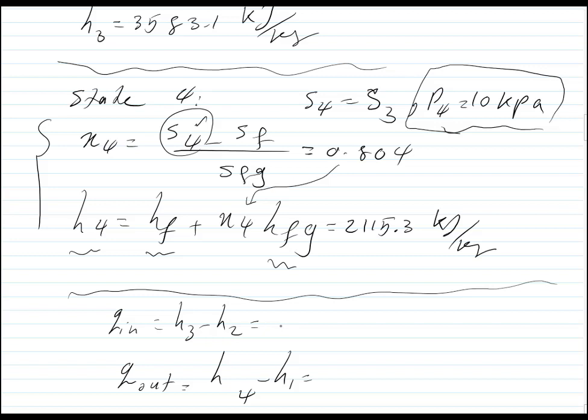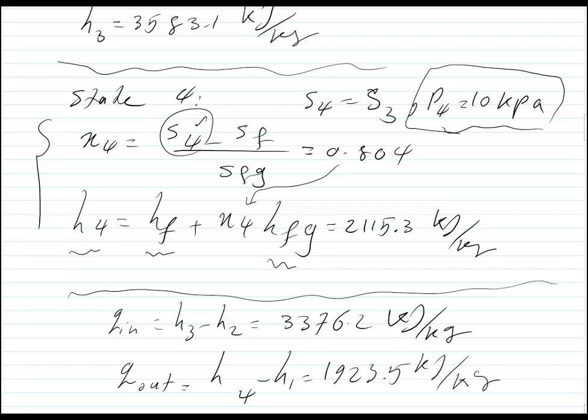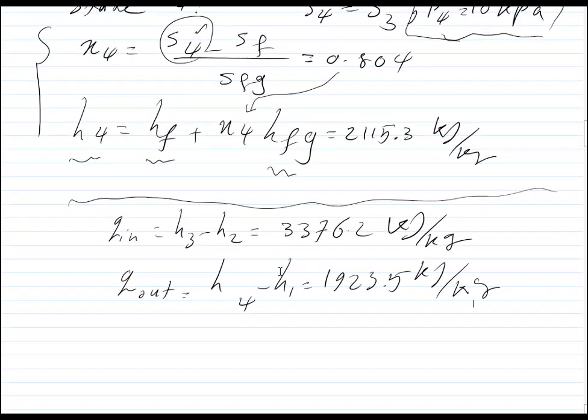By substitution, we will have their values, which is equal to 3,306.2 kilojoule per kilogram, and for Q out, we will have 1,923.5 kilojoule per kilogram.